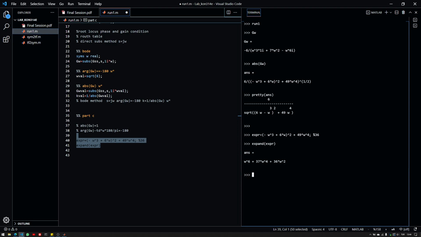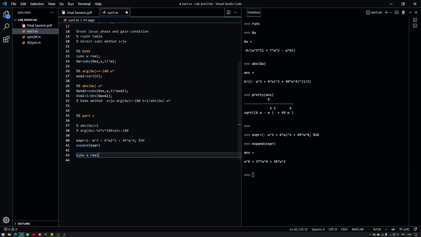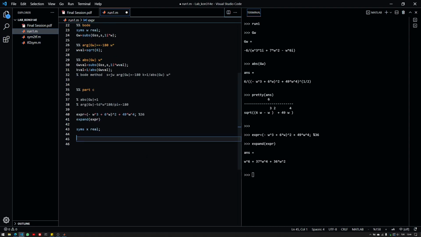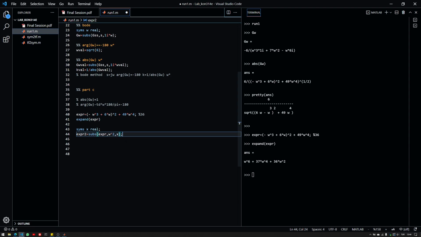Now, luckily, we have omega squared, omega to the 4th, and omega to the 6th. So before we calculate anything, we should substitute omega squared with a new variable, let's say x. And then expression 2, substitute into the expression omega squared. Into this, we should substitute this.